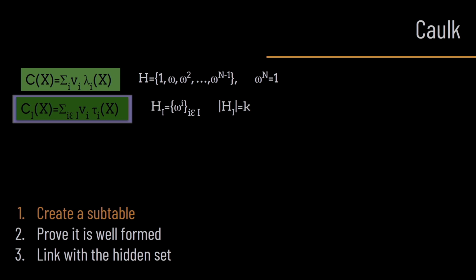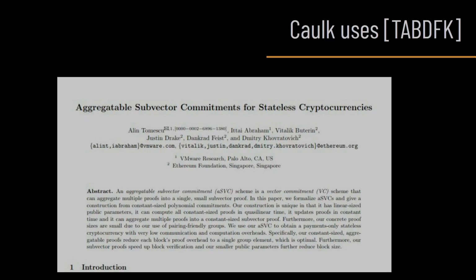So this other polynomial that is also interpolated using roots of unity will have only degree k-1. And this is an idea we took from this very nice work from Tomescu et al.